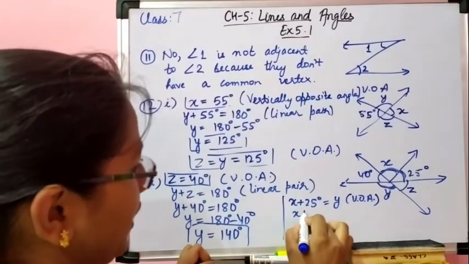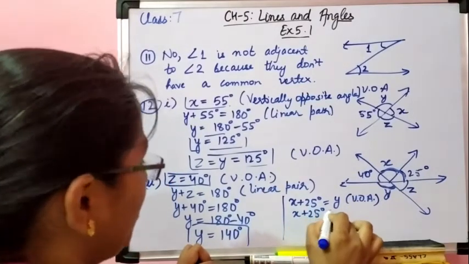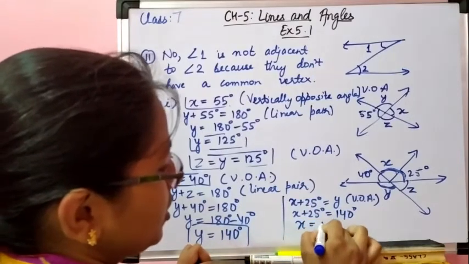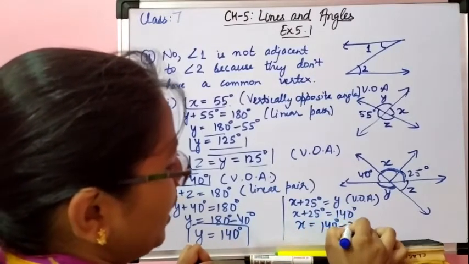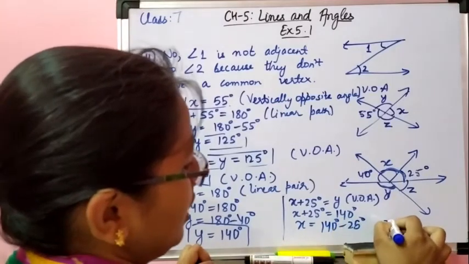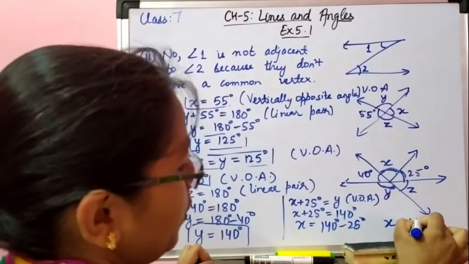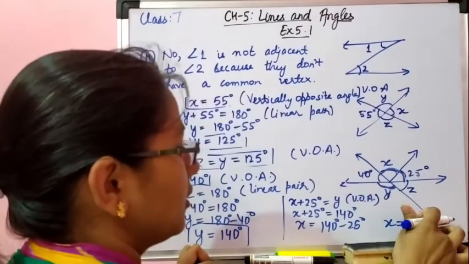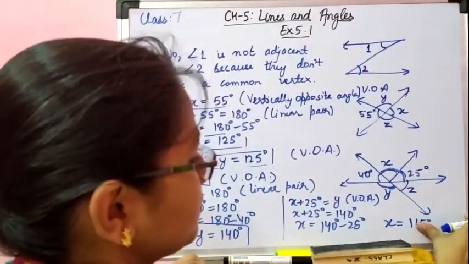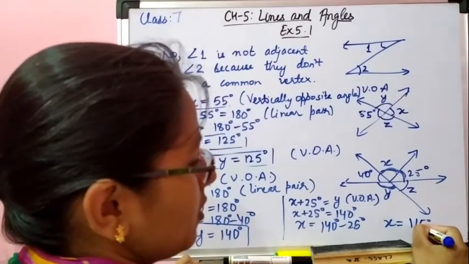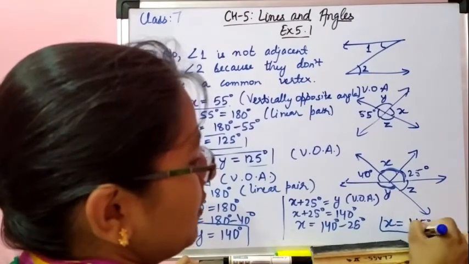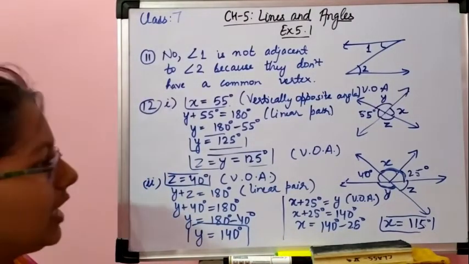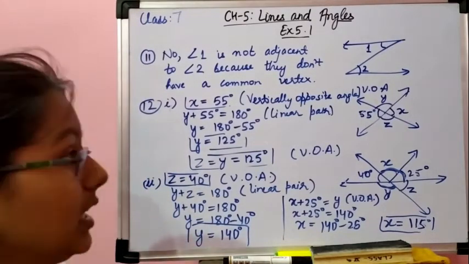Now x we have to find out. Value of y is 140 degree. So x is equal to 140 minus 25 degree. X is equal to 115 degree. So this is the value of x. Okay. So in this way we have found out the values of x, y and z.